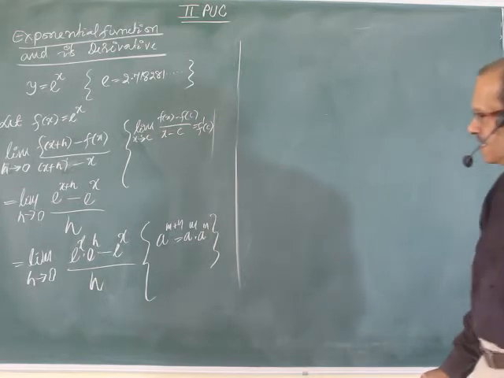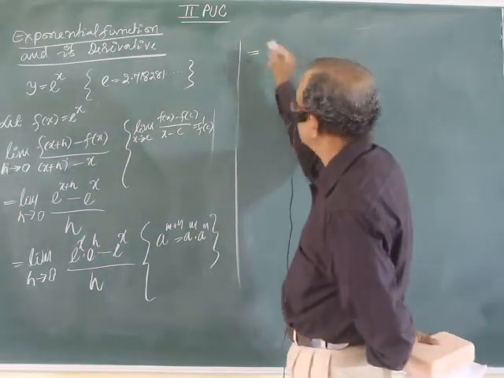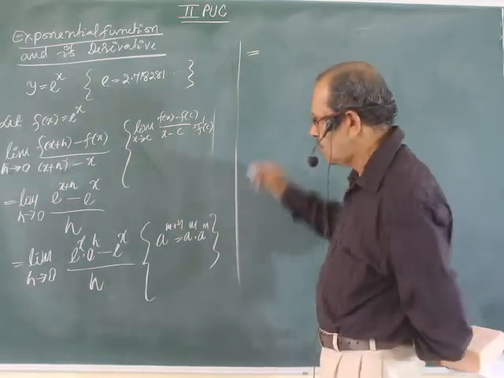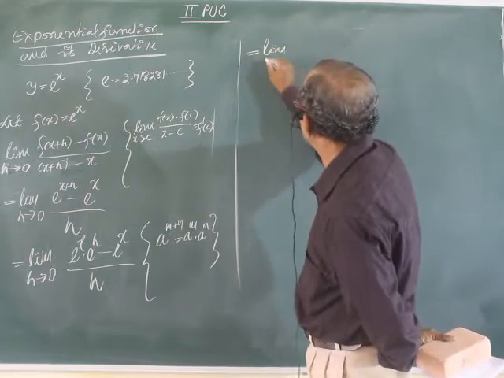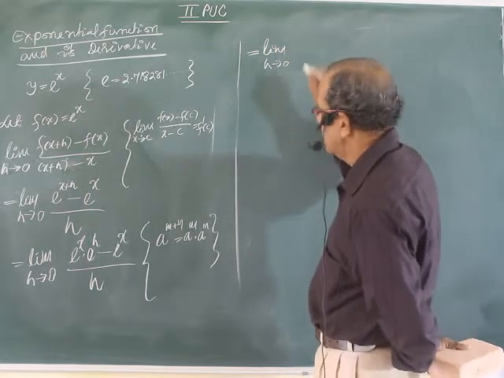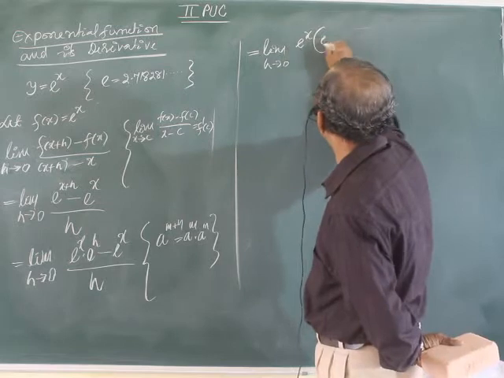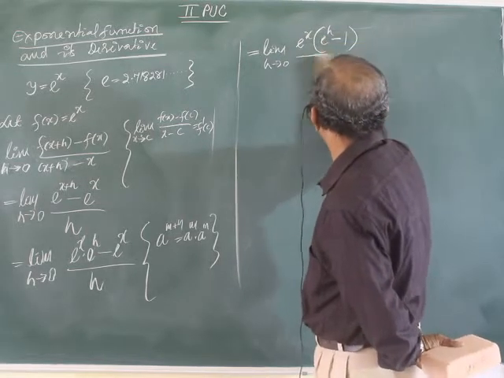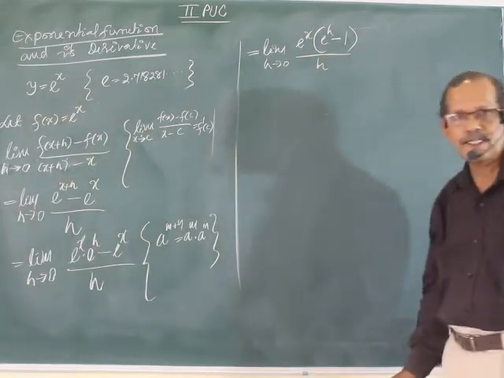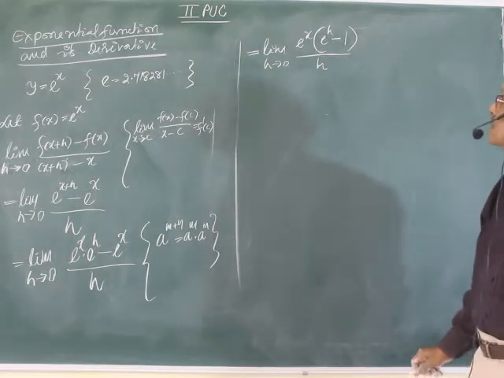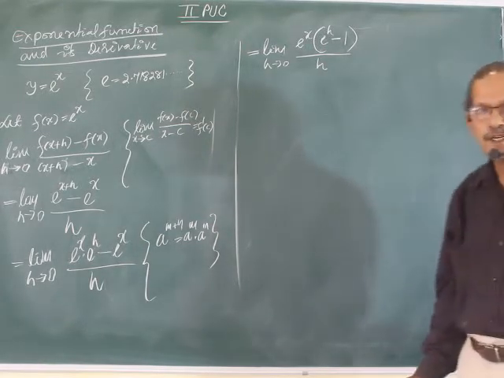Write it carefully. Equal to limit h tending to 0, e to the power x can be taken outside, into e to the power h minus 1 by h.